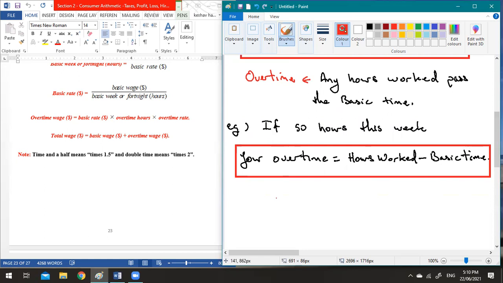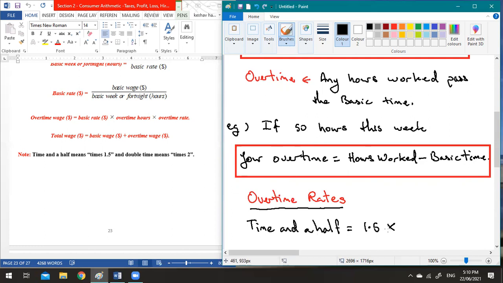So, overtime rates: time and a half is 1.5 times the basic rate.